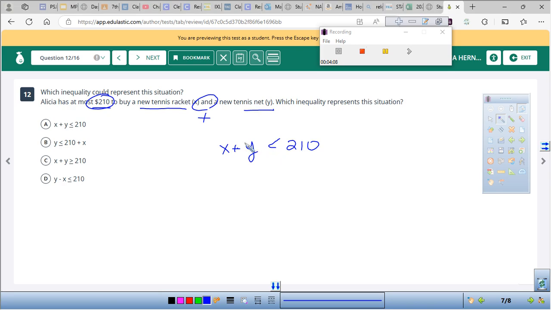Because she really can't buy more. Can she spend the 210? Yeah, she can spend all the way to 210. But she can also spend less than the 210, right? So this is the idea you want. The X and the Y would have to be less than or equal to 210. Oh, there it is. Perfect.